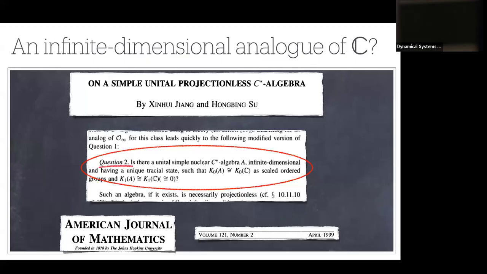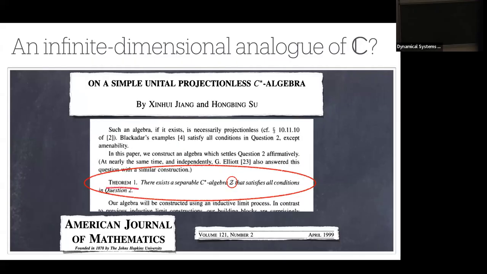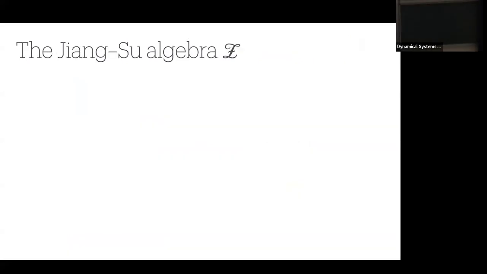Complex numbers are obviously not infinite dimensional, so this suggests that maybe some refinements are needed. If this were to be true, and indeed in this paper, they did construct such a C-star algebra. It's usually denoted by curly Z, and we call it the Jiang-Su algebra, after the creators.